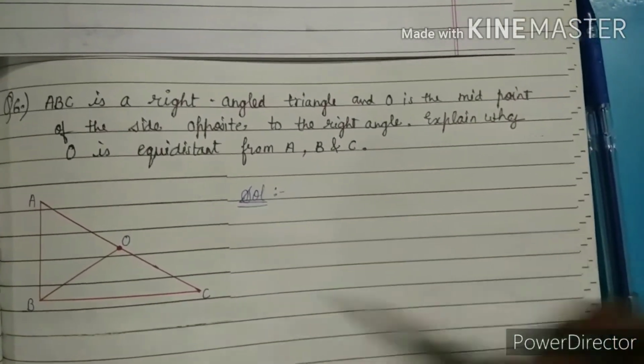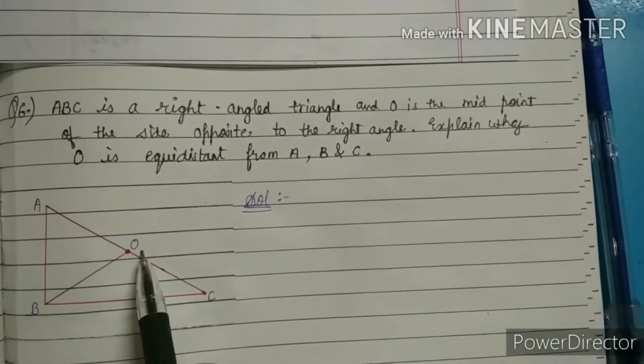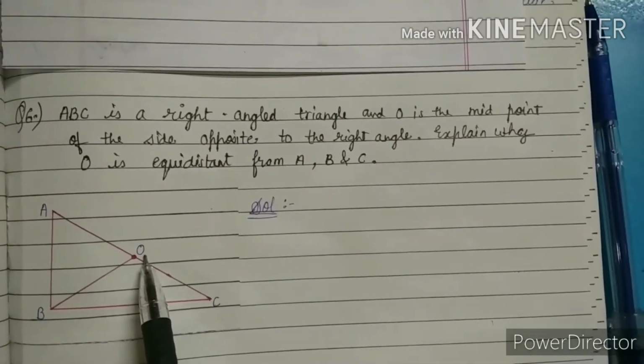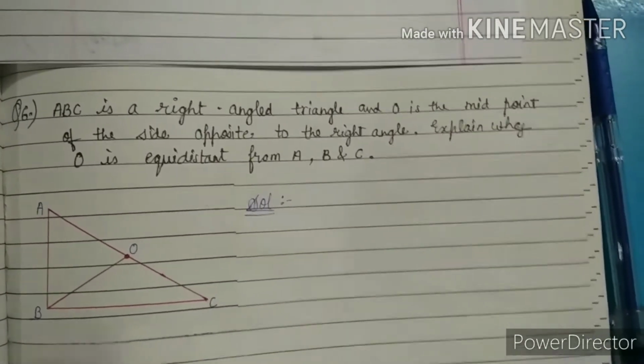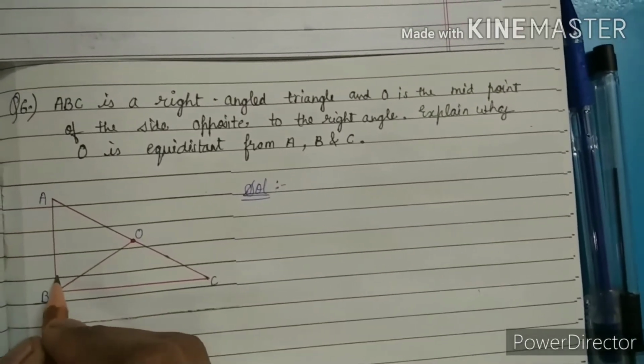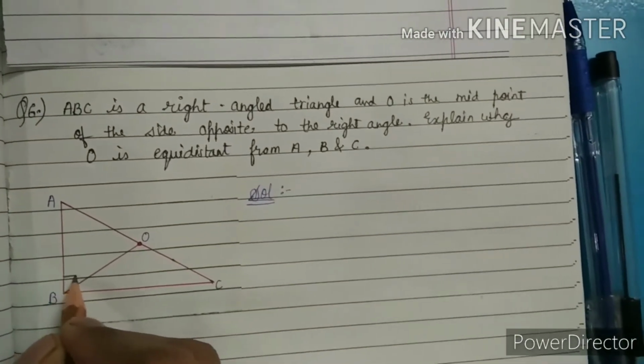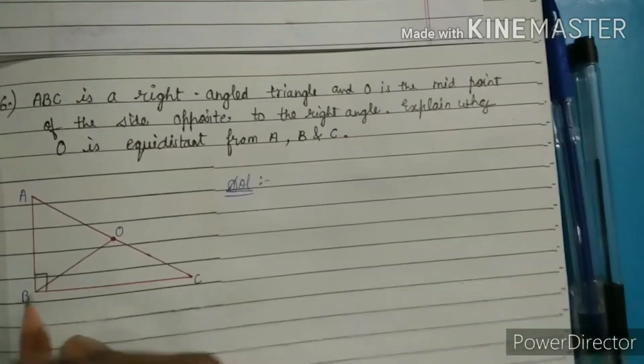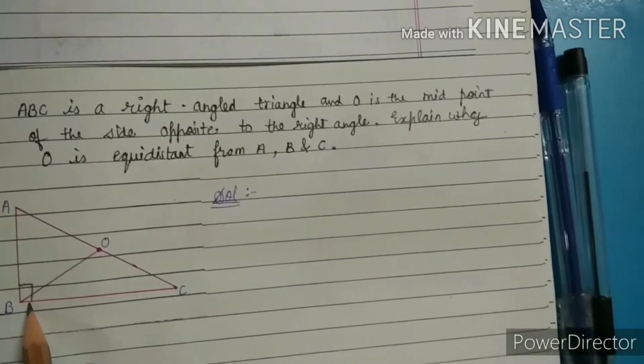On which side is O present? O is just opposite the right angle. Just opposite O, we have the angle of 90 degrees. It means B has the angle of 90 degrees.